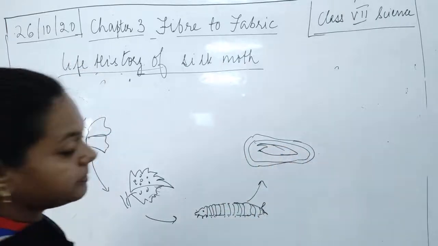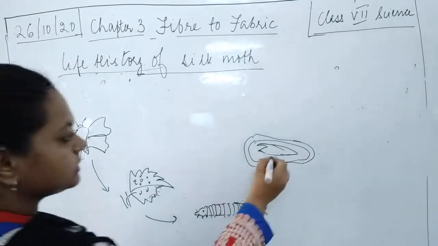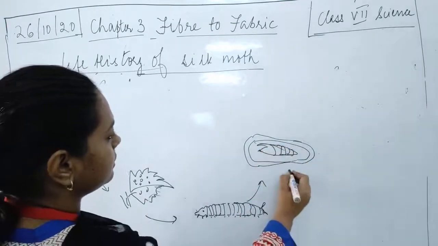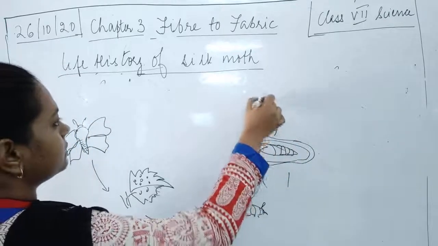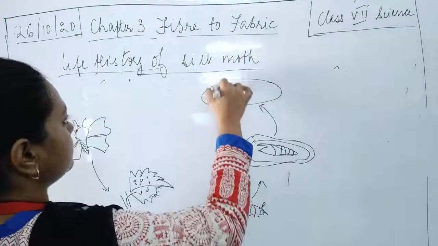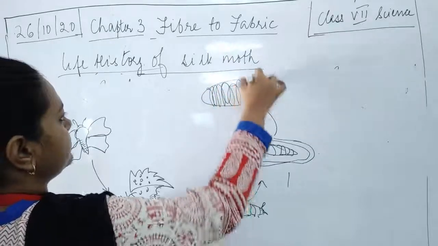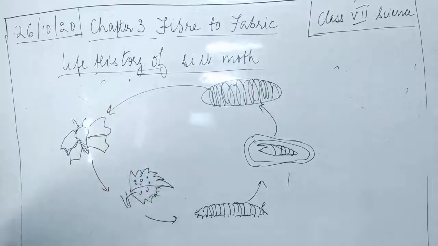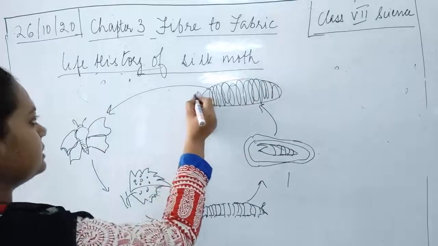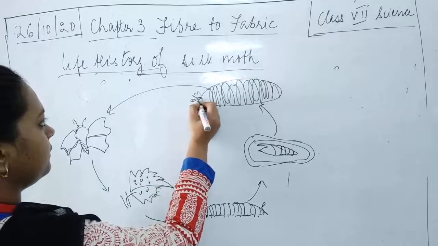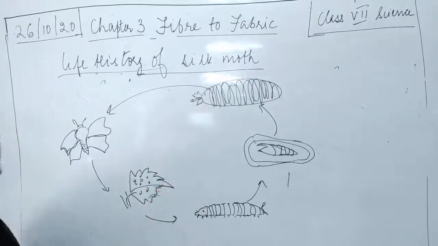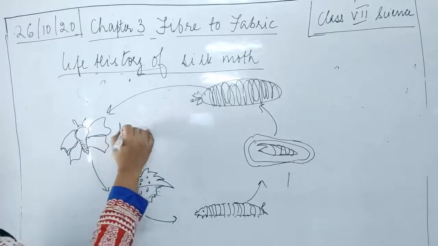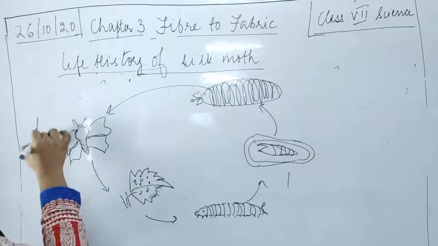The caterpillar stops eating and becomes the pupa, and the pupa's home is the cocoon. Again it emerges out, and an adult is going to emerge once it has grown. So this is the female silk moth.